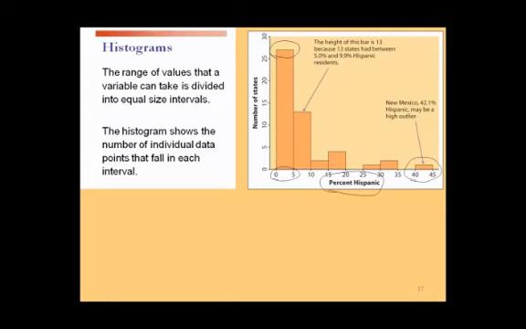Why did I have to make up the x-axis the way I did? Is 5 a magic number? Did I have to do 0 to 5%? Why couldn't I have done 0 to 4%, or 0 to 10%?